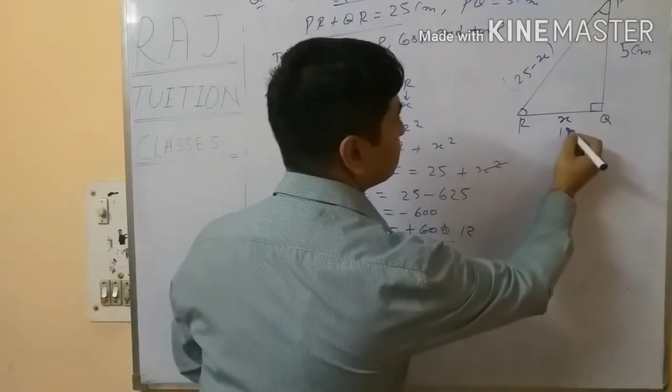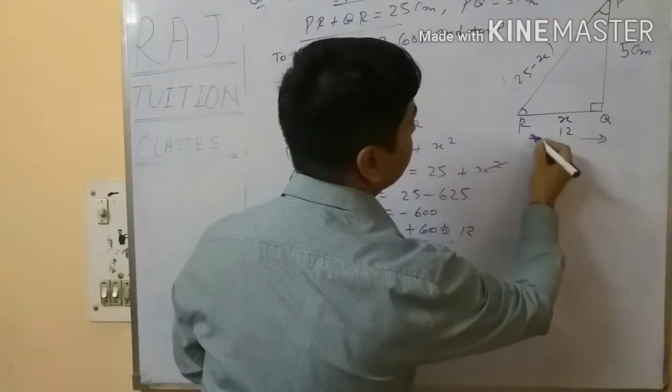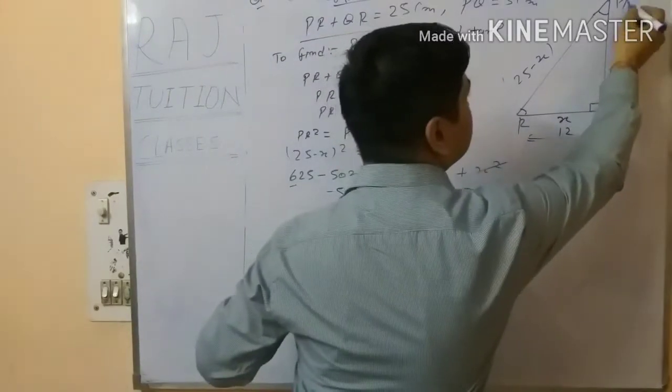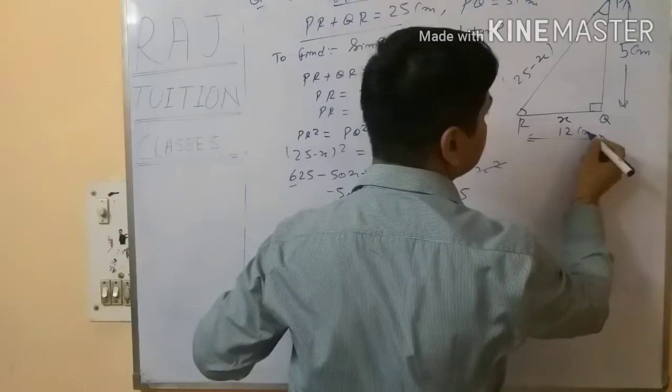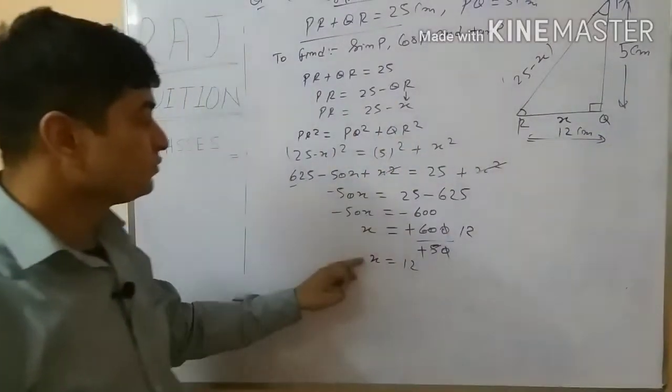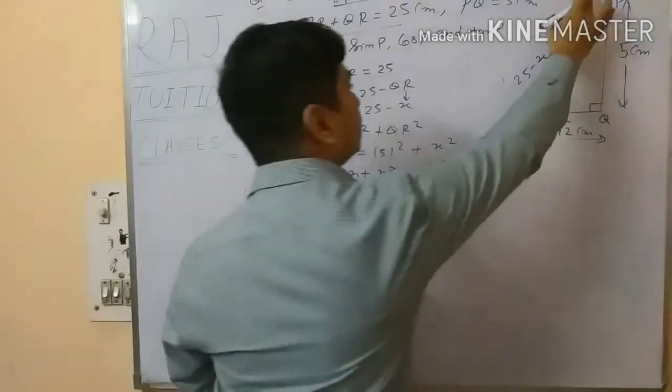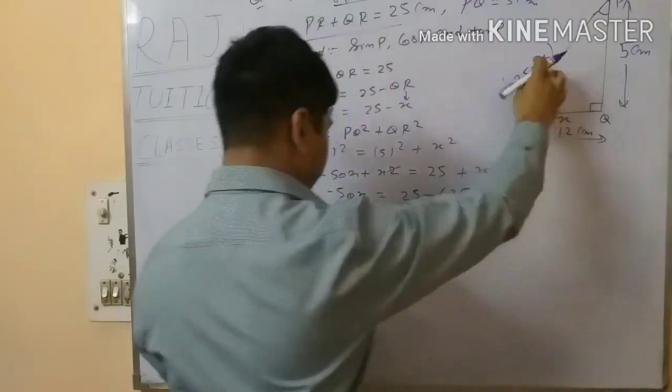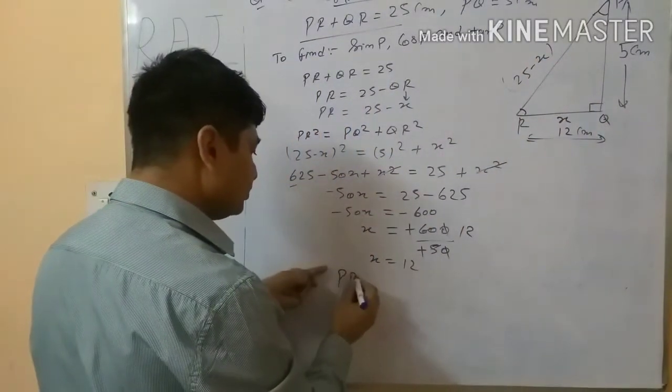So what is the side? This side is 12 now. This side is 5 centimeters. So this one is 12 centimeters. And now to find out PR, just put the value of x here. So what is the value of PR?